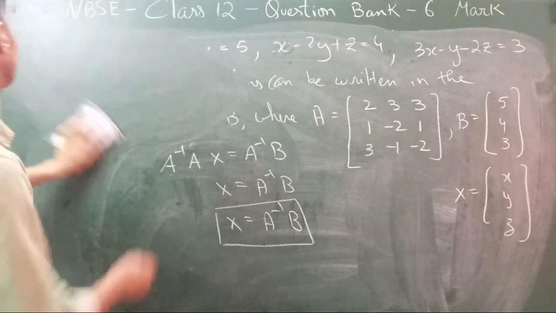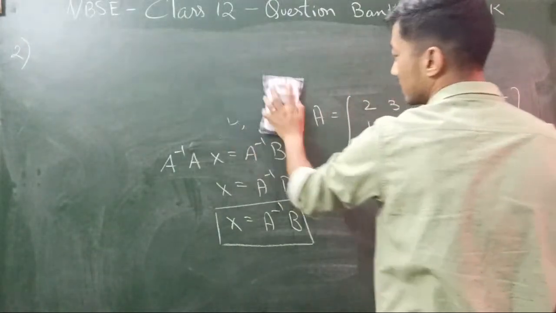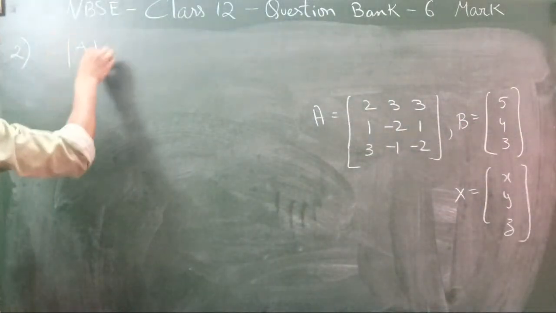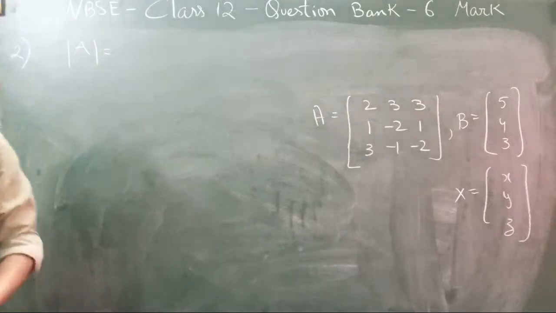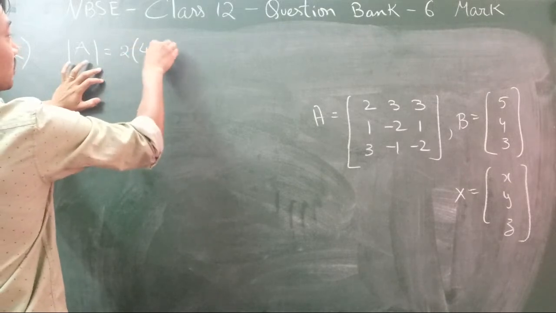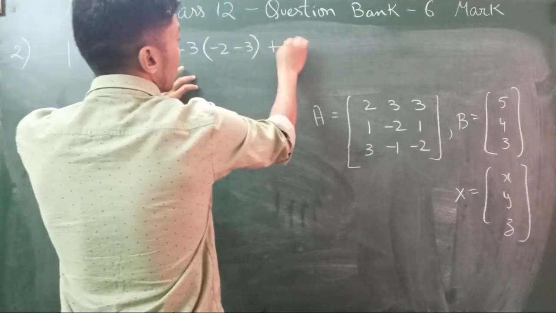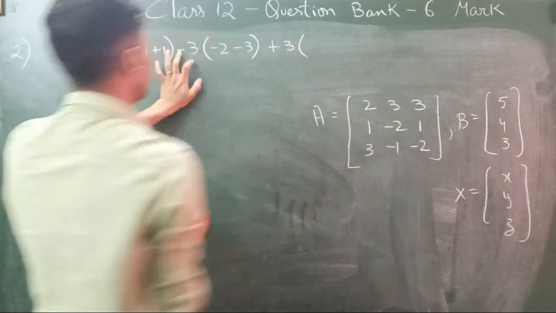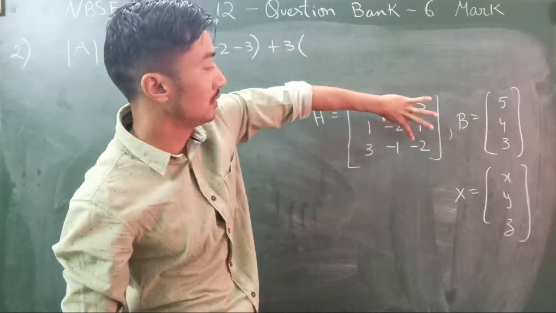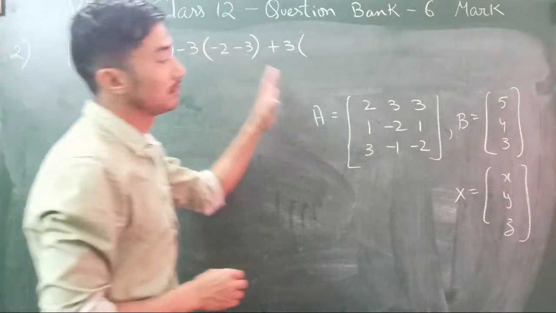So let's go for finding the determinant and checking whether this is a singular matrix or a non-singular matrix. It has to be a non-singular matrix, remember. So determinant of A, I'm doing it directly now. First question I've already explained. So 2 into 4 minus, plus 1 minus 3 minus 2, minus 3 plus 3. Some, of course, write positive here, so the order of multiplication changes from top to bottom. But I use negative values so that the order of multiplication remains the same.